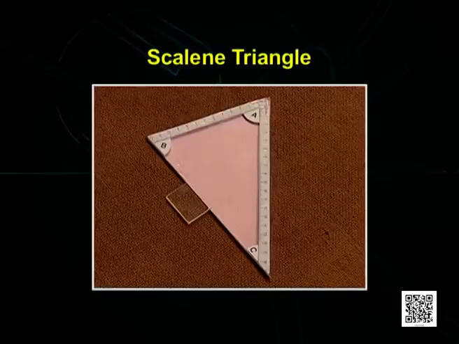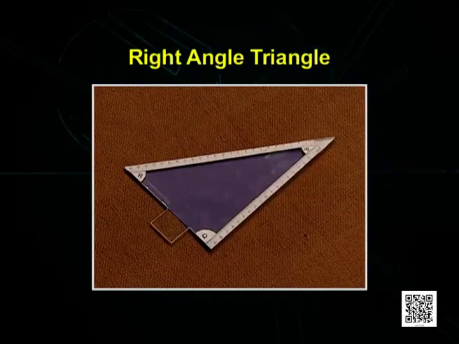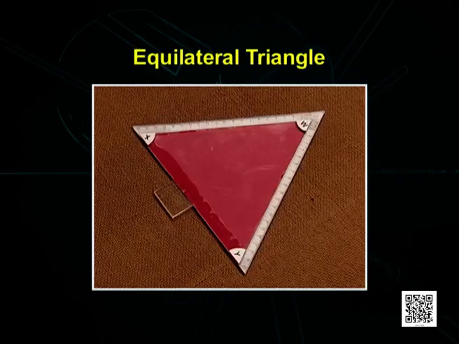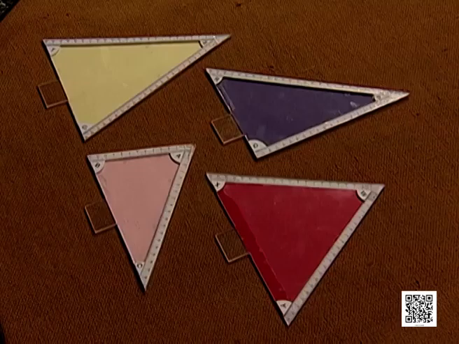We are going to verify this Basic Proportionality Theorem in 4 cases: when we have a scalene triangle, a right angle triangle, an isosceles triangle, and an equilateral triangle.